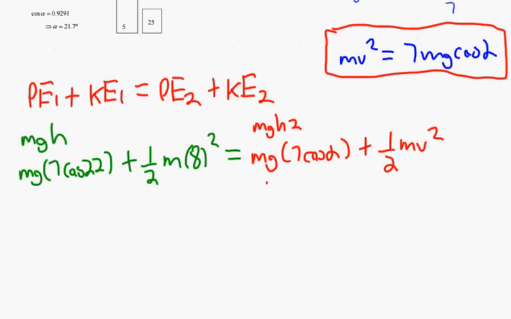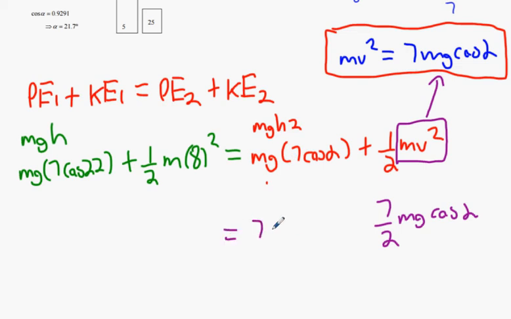Now look at this, guys, okay? See that mv squared there? Any suggestions for a good substitute? Right there, your 7mg cos alpha. So it's going to be 7 over 2 mg cos alpha. The other one is, what's that going to be? 7 mg cos alpha. A half m times 64, so 32m.